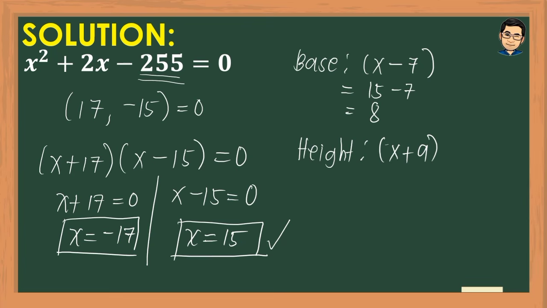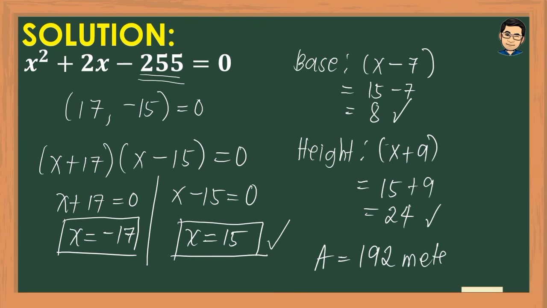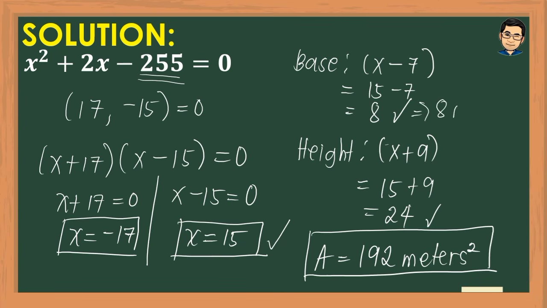And then dito naman sa height, 15 plus 9, that is 24. Okay. So i-multiply natin yung 8 tsaka 24, mag-a-arrive tayo sa area na 192 square meters. Ibig sabihin, yung value natin na x is equal to 15 is correct. And then yung actual values ng dimension, yung base natin, 8 meters. Yung height natin, 24 meters.